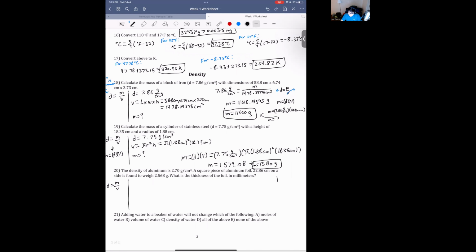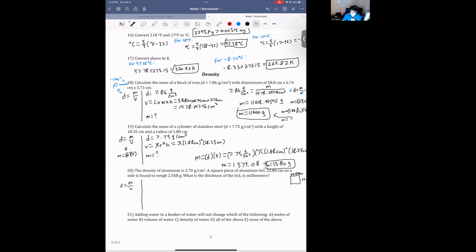So if you have a square piece of foil, right, for any square, the sides are all equal. Right, that's how a square is defined. So we know the length and the width, right, of this very thin, it's still a prism. It's not an infinitely flat piece of foil, right? It still has a height, very small height, albeit, but still has a height.